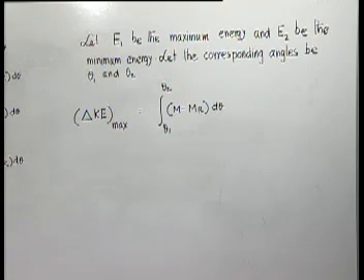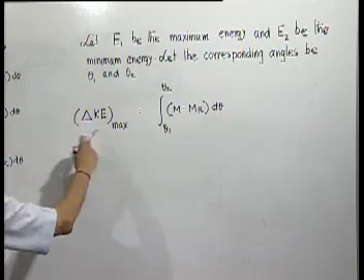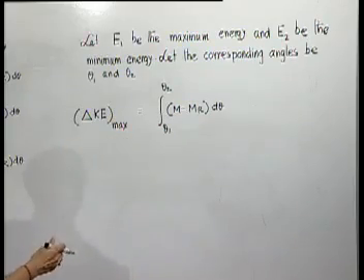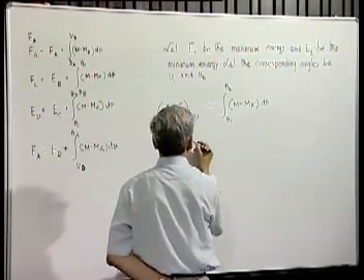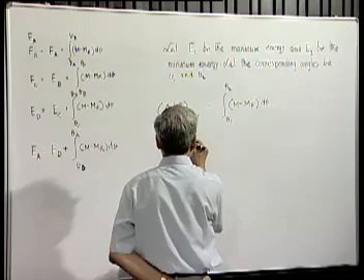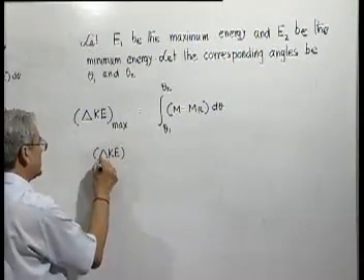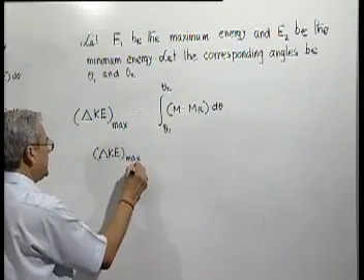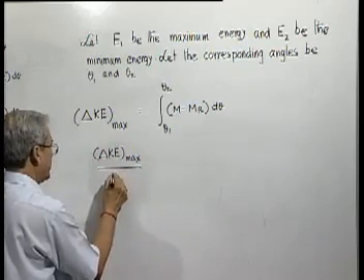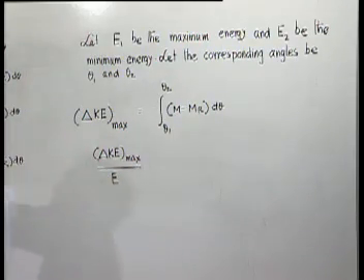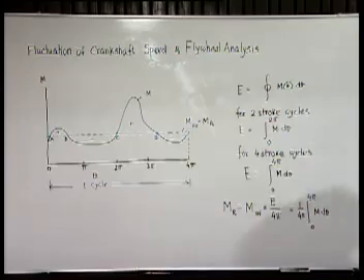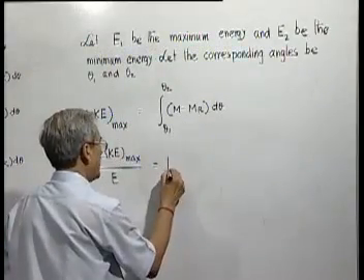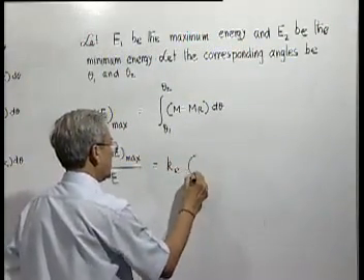Now if this maximum fluctuation, that means the difference between the maximum and minimum values of the kinetic energy, we call delta KE max. If we divide this by the energy input per cycle as defined by this, it is called the coefficient of energy fluctuation.